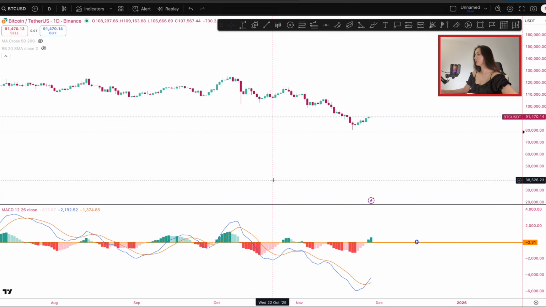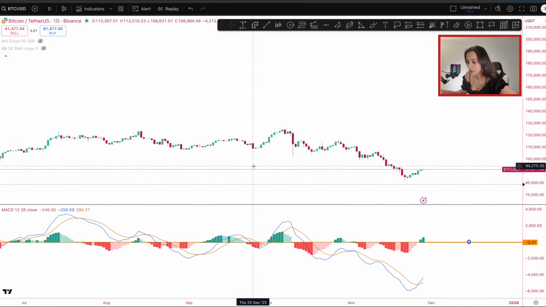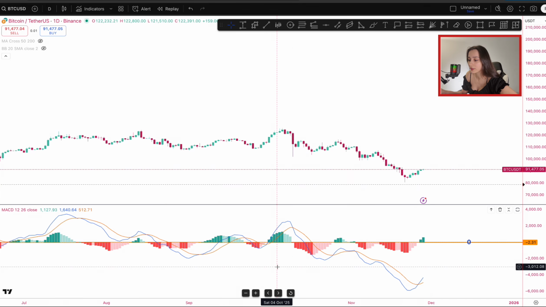In MACD, you can also understand, as you can see, there is a rise, and you also see that rise on the chart. Let me get closer. It's going like that, and when it dropped down, you see there is a color change and it turned back under the zero level.